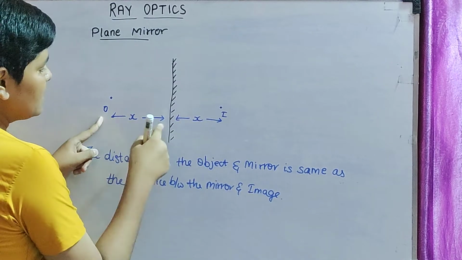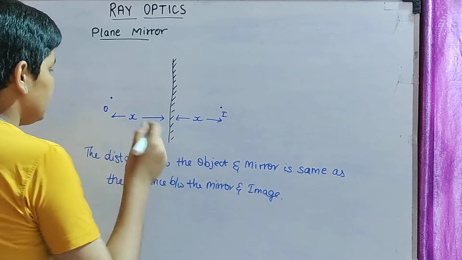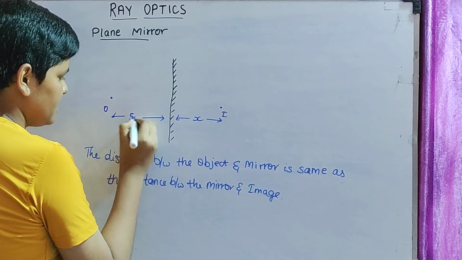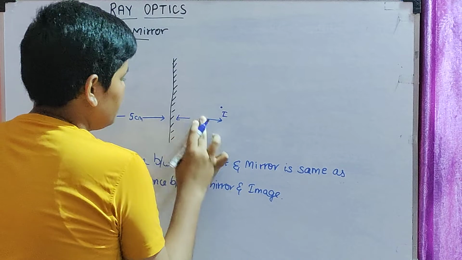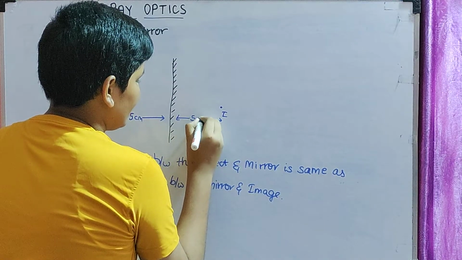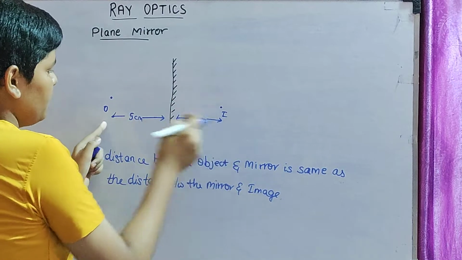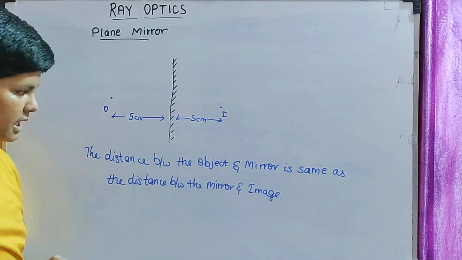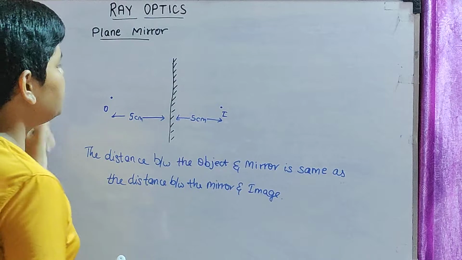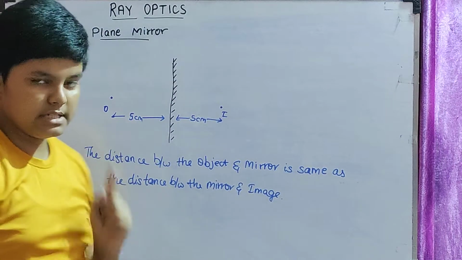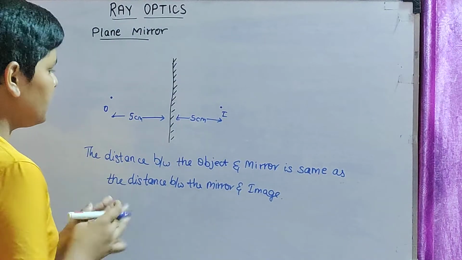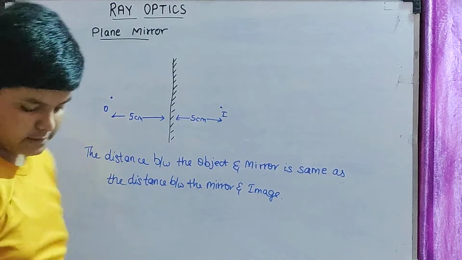This is one of the most important points of plane mirror. From O to the plane mirror, the distance is x. Let us assume x is equal to 5 centimeters. Then the image will also be formed 5 centimeters behind. So the distance between object and image will be 5 plus 5, which is 10 centimeters. This is one main and important property of plane mirror.